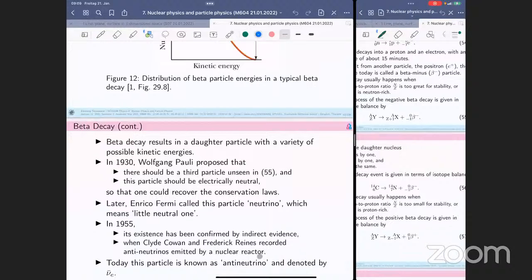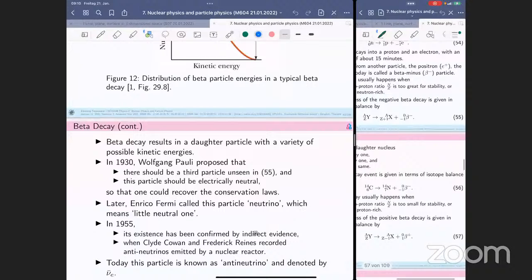It's a device to change the nuclei of big atoms. Okay, those two researchers, Clyde Cowan and Frederick Reines, recorded the antineutrino, which is the particle missing here, in 55.